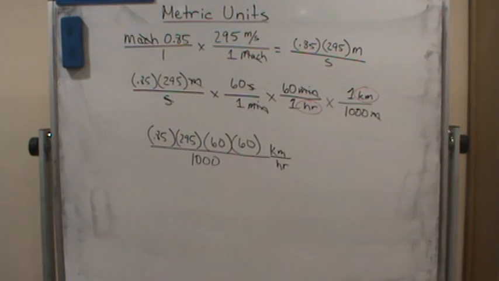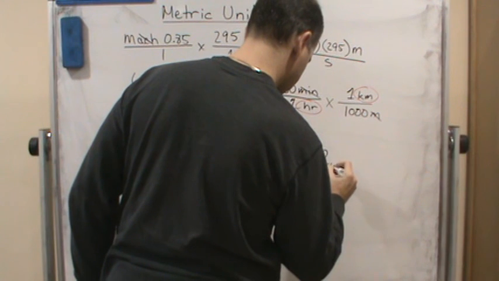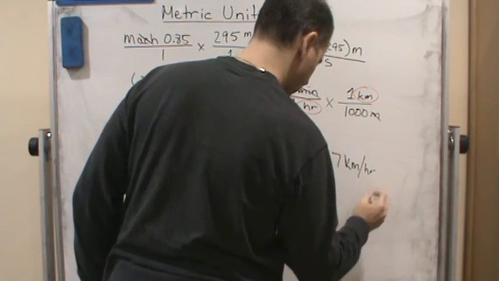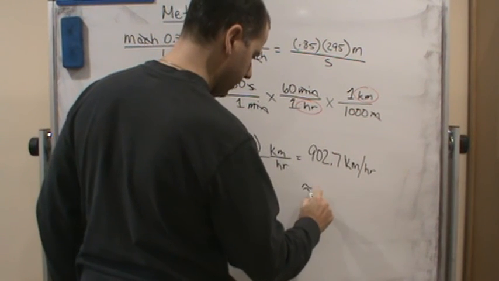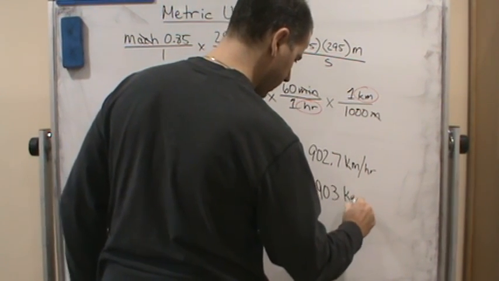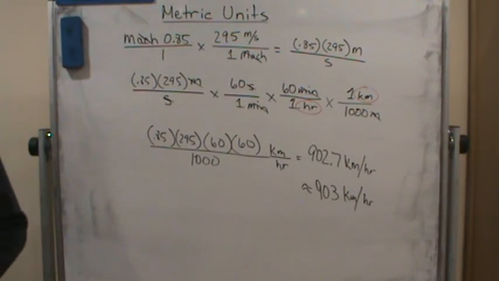Well, we put that in our calculator, and it comes out to 902.7, or approximately 903 kilometers per hour. And that's it.